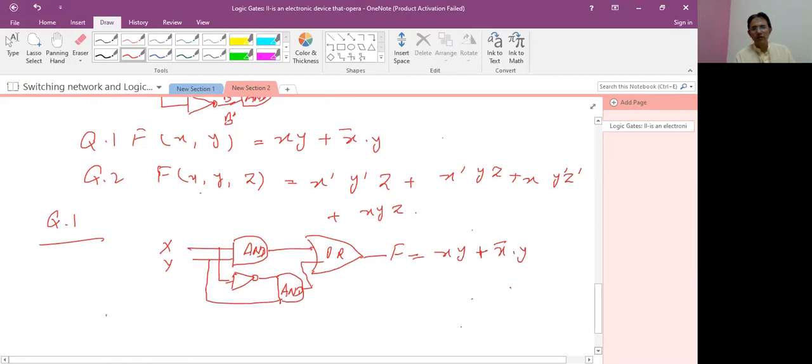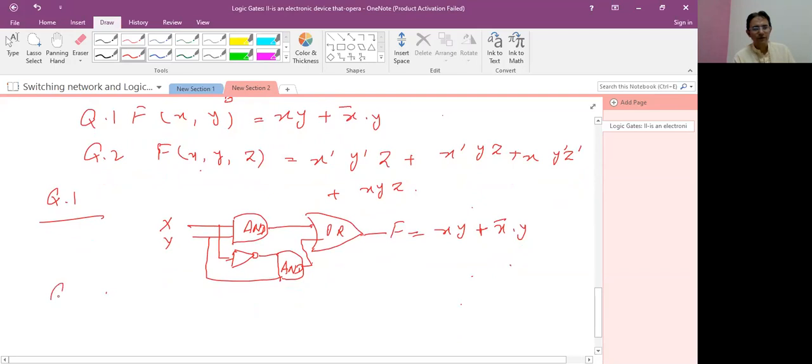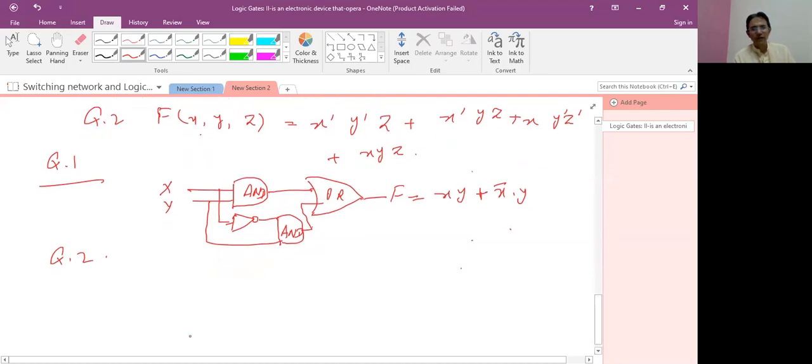Similarly, for the next question, draw the logic gates. It has three inputs, X, Y, and Z, and all are multiplying together. First, we draw an AND gate. It has three inputs.